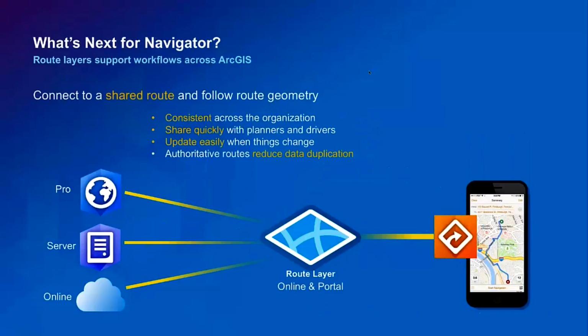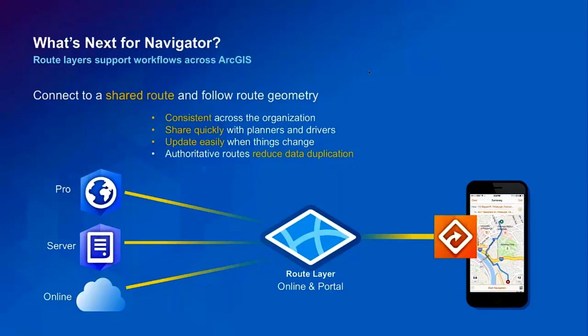What's coming next for Navigator? Well, really we're focused next on how you can pre-plan a route that can be used in the Navigator application using ArcGIS Pro, using the viewing capability inside of ArcGIS Server, or ArcGIS Online, or the Web App Builder.